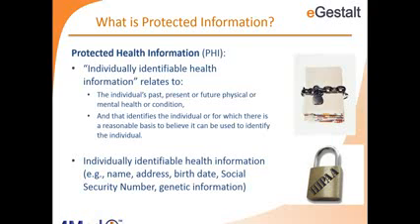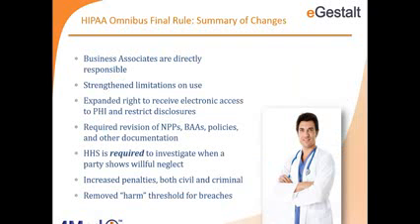PHI can be in electronic format or in physical format. PHI is related to the health information of an individual, of a patient. It can relate to any personal information such as name, address, birth date, social security number, or even genetic information. All of that is protected. All of that is private information that needs to be secured by HIPAA Omnibus through the processes and procedures mentioned in it.